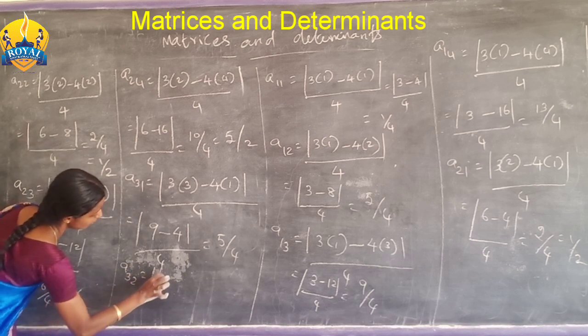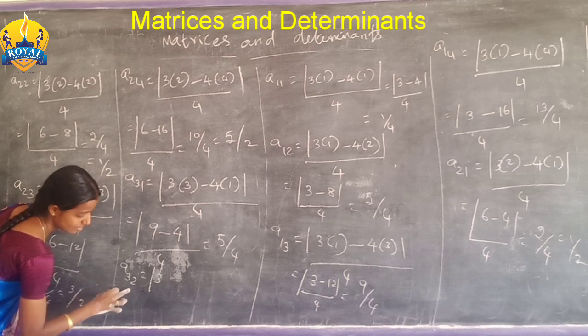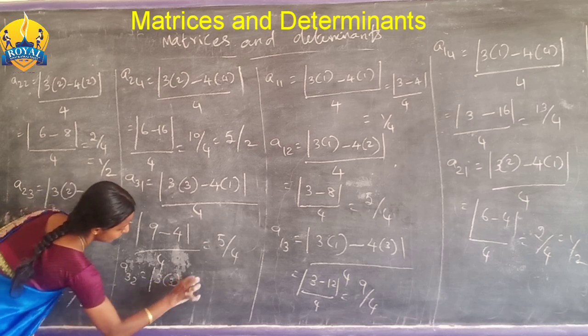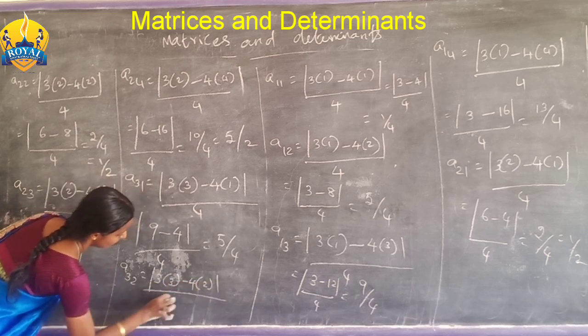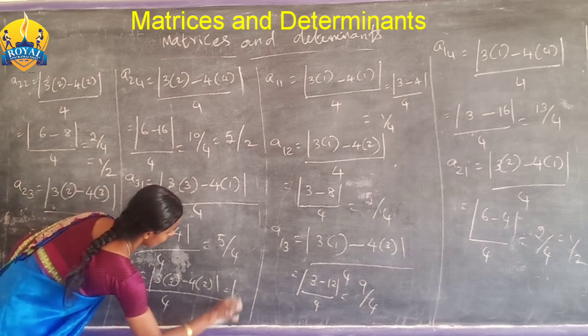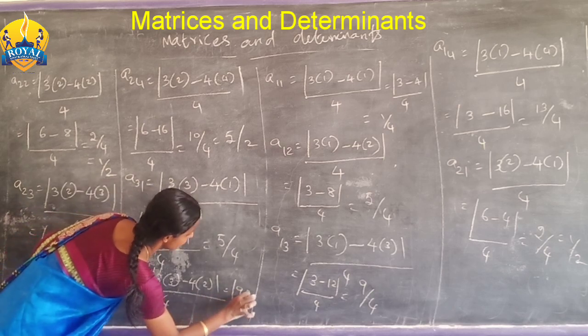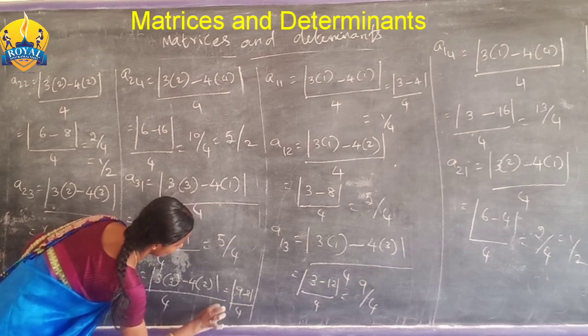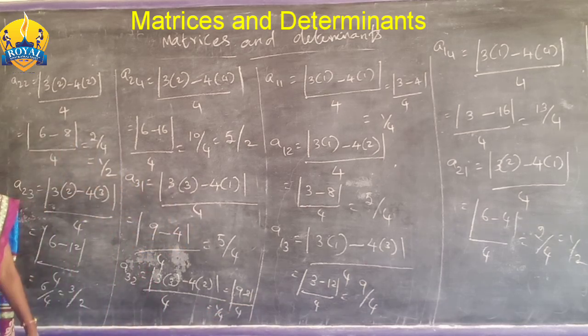A32 is the modulus of 3 into I3J2. So modulus of 3 into 3 minus 4 into 2 by 4 equals modulus of 9 minus 8 by 4, which equals 1 by 4.